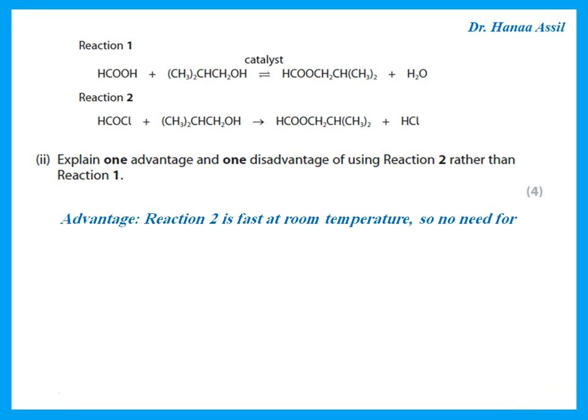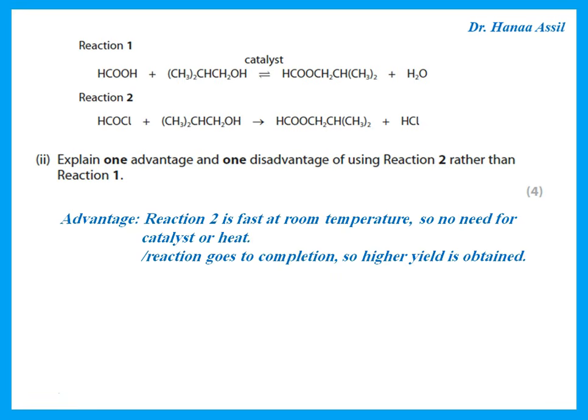Remember that using an acyl chloride, the reaction is faster at room temperature, so there is no need for catalyst or heat, so that is less expensive. Or we could also say that the advantage of reaction 2 is that it goes to completion. It's not reversible, so higher yield of ester would be obtained.